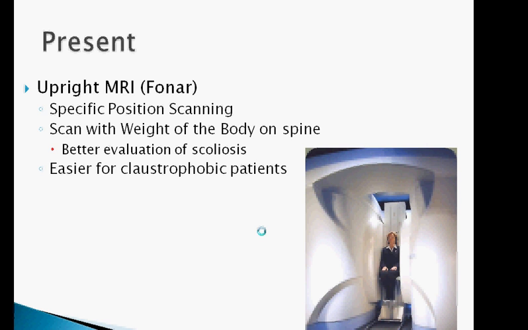According to Fonar, the developer of this technology, many back problems were missed during the MRIs that were done lying down. So to solve this, they developed this upright MRI, which has been quite useful.